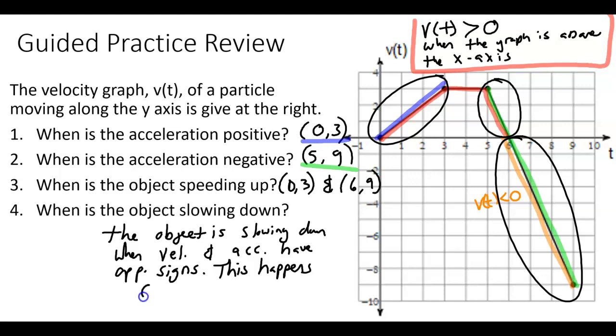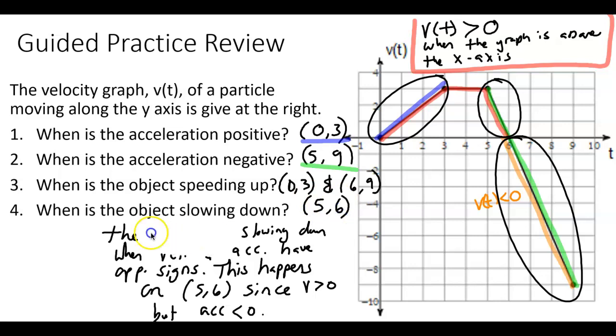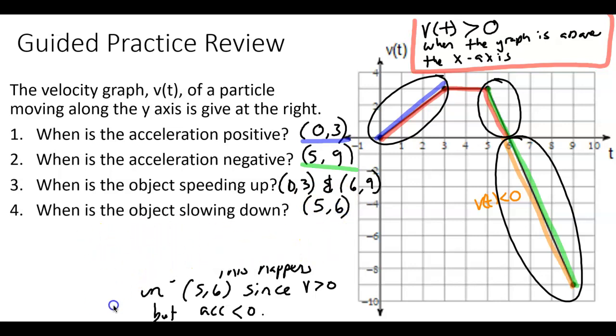So this happens on the interval 5 to 6, since v is greater than 0, but acceleration is less than 0. Okay? Now once again, it's probably good for you guys to have the explanation on your notes, just in case you have an FRQ and you're asked to explain it, but for me I have to erase to make space.